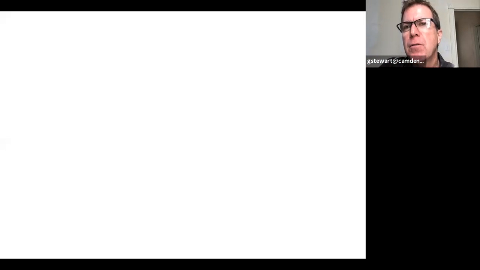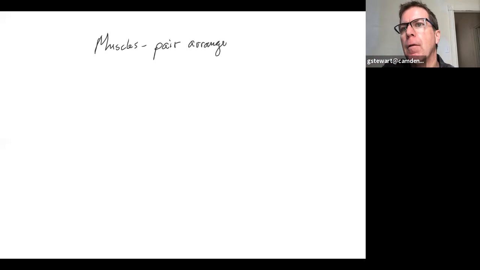So muscles oftentimes, let me get my black pen up. I think it's currently on red. Muscles oftentimes occur in pair arrangements. They're not always just two. Sometimes there's three or four, but very typically, I'll tell you what I mean by pair arrangements.